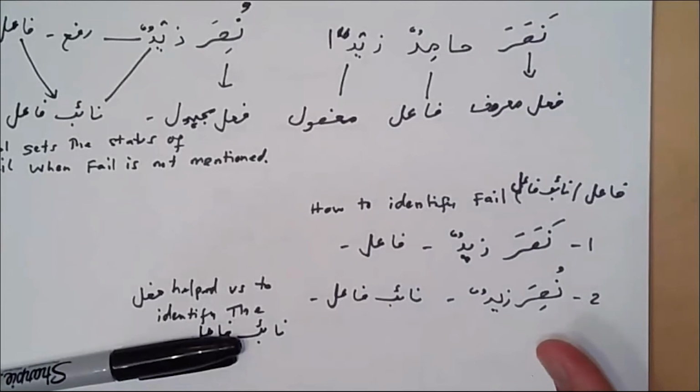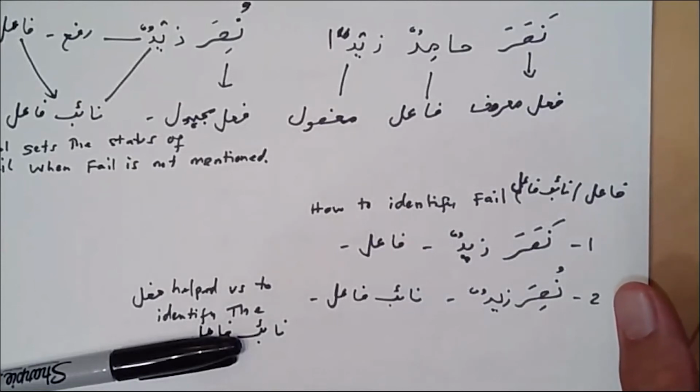For example, we say khuliqal insanu, that man was created. Do we need to say that Allah is the one who created, or is it already a known fact? It's a known fact. So in that example, we really don't need to mention the name of Allah. It's understood that Allah is the one who created man.